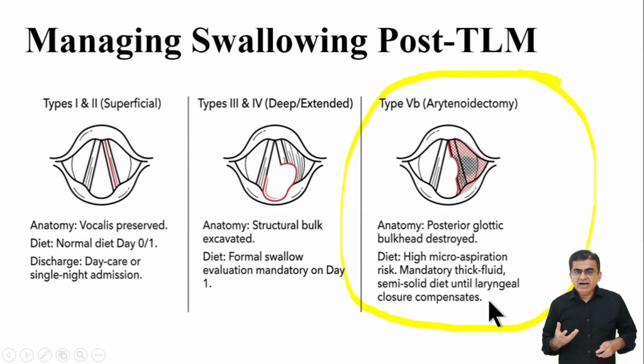This creates a very high risk of immediate microaspiration into the lungs. Therefore, you must strictly mandate a thick fluid or semi-solid diet for these patients. You must stay on this highly modified diet until their laryngeal closure naturally compensates and heals.